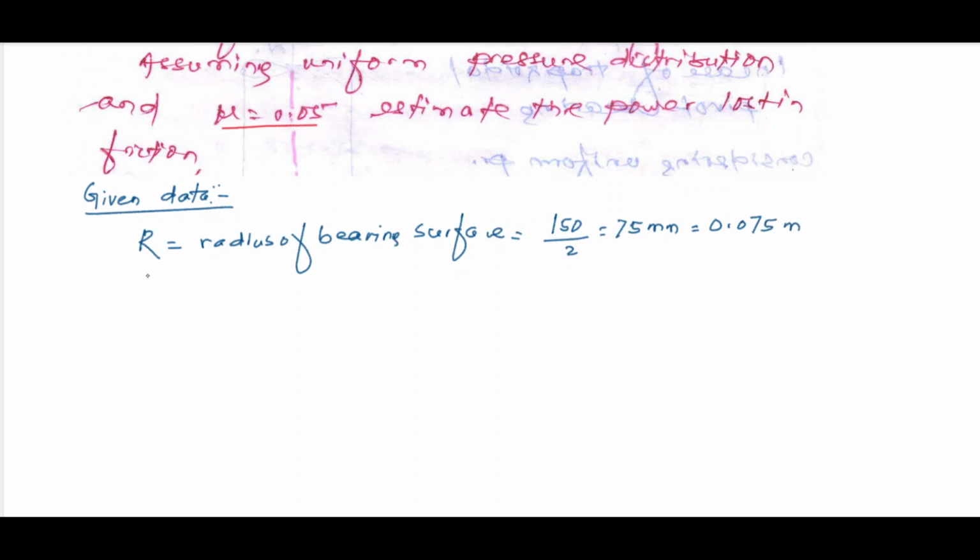Then the speed of the shaft, n, is given as 100 rpm.